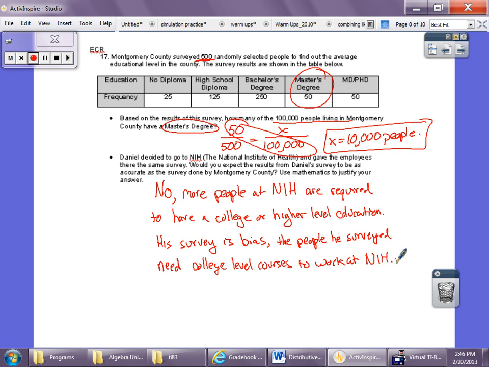It's not a fair survey. Remember, it has to be random and a simple random sample. So where he's doing his survey, it's going to give him inaccurate data. And that is our Unit 5 review.